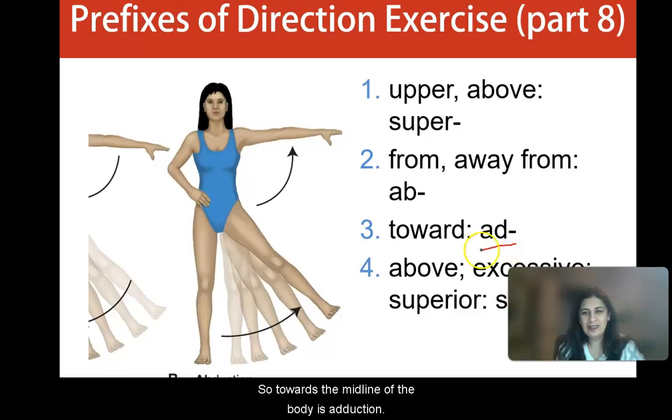So towards the midline of the body is adduction, and away from the midline of the body would be abduction. Above is super, or above would be superior and supra.